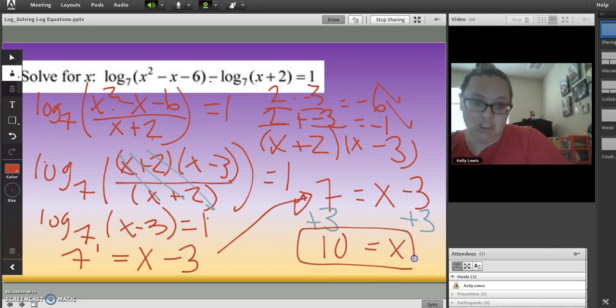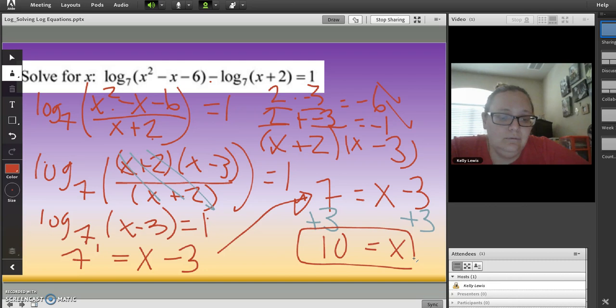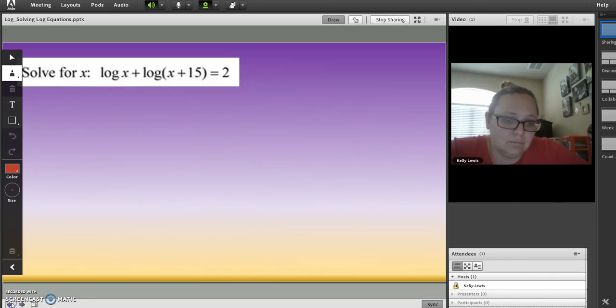I need to double check it. Trust me, it's important to check. So my suggestion is, notice we got a positive 10 here. It works, by the way.